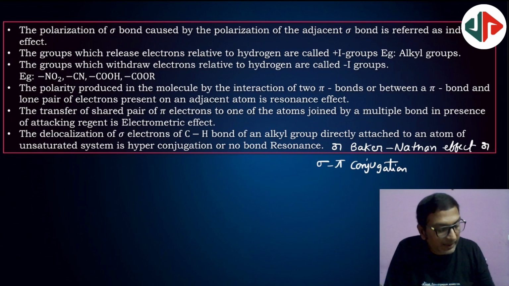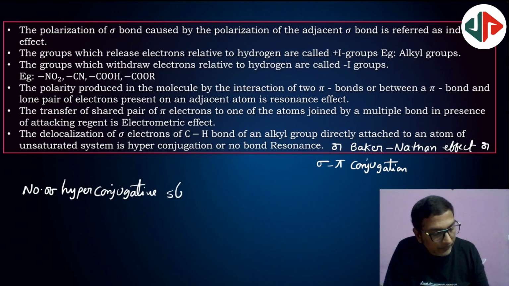So the number of hyperconjugative structures is equal to the number of alpha hydrogens.